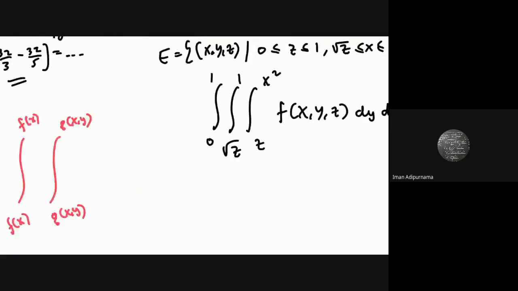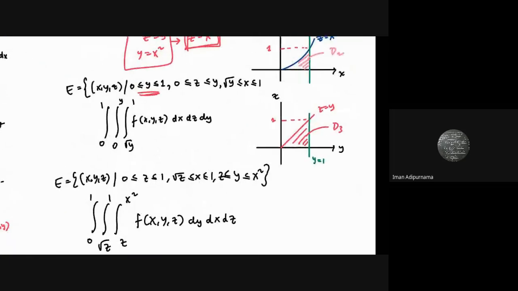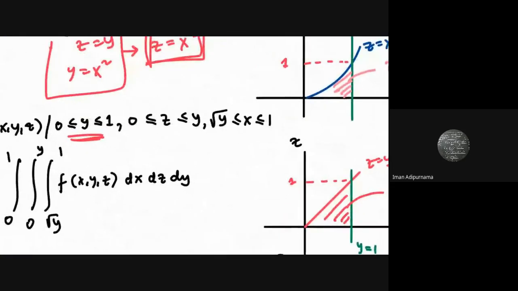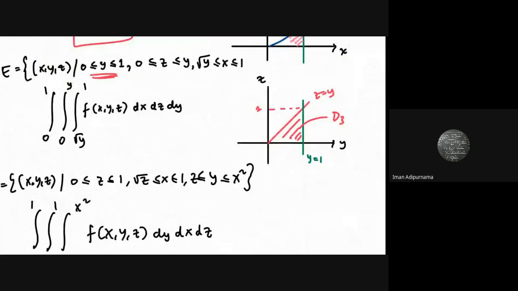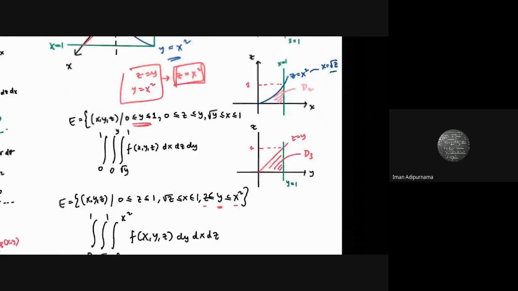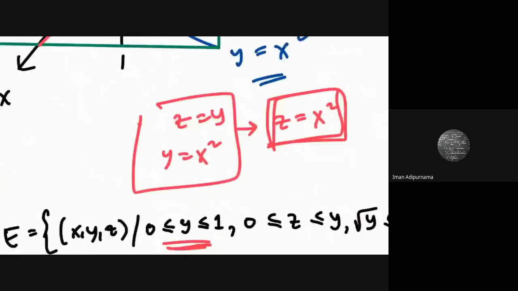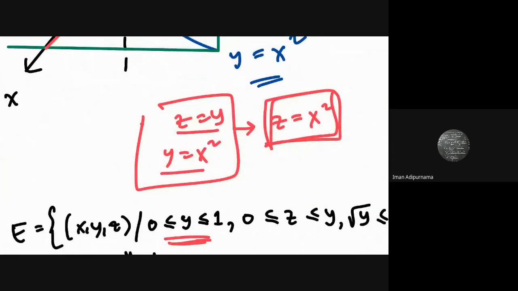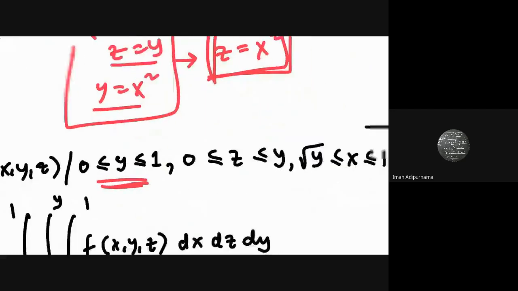Like in this case here, you have y, but you need to include also z and x squared based on your equation here. So you have z equal y and y equal x squared.